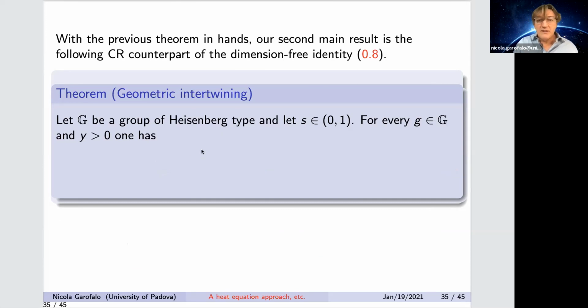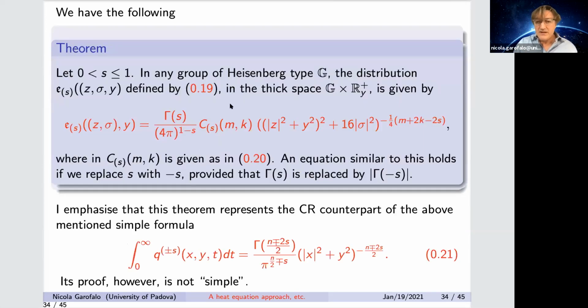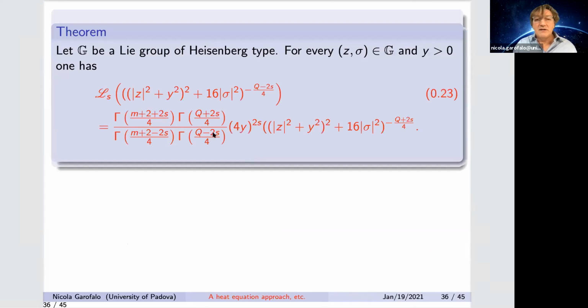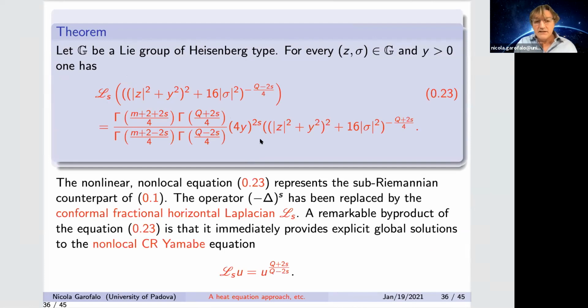Once you have the previous theorem, this one, and this one, then we immediately obtain our third theorem, which is the conformally invariant intertwining formula. And this is the counterpart of the one that I started my lecture with. At this point, you immediately see from this formula that it provides a family of solutions of this non-local conformally CR Yamabe equation.